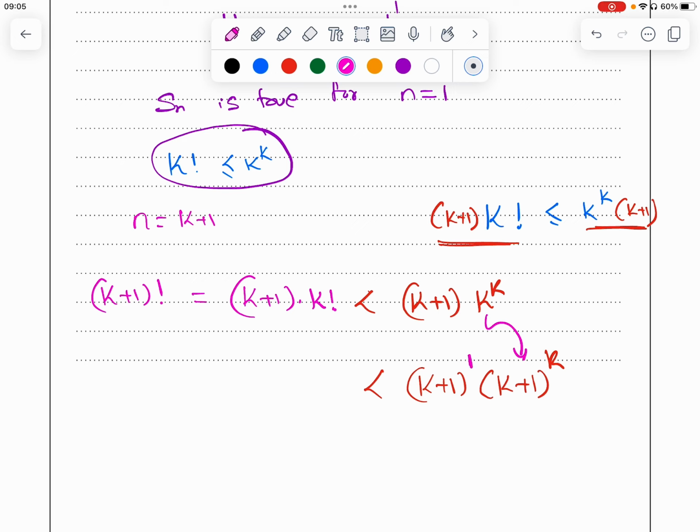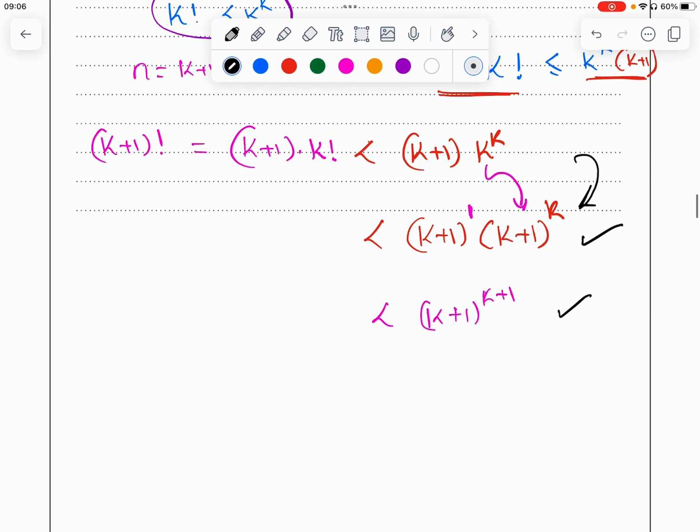For example, 2 power k will always be less than 3 power k, and 4 power k will always be less than 5 power k, if k is a positive integer. So k power k is always less than k plus 1 whole power k. So I have just replaced using that basic logic. Now the bases are equal, so the powers should be added. I get k plus 1 to the power of k plus 1.